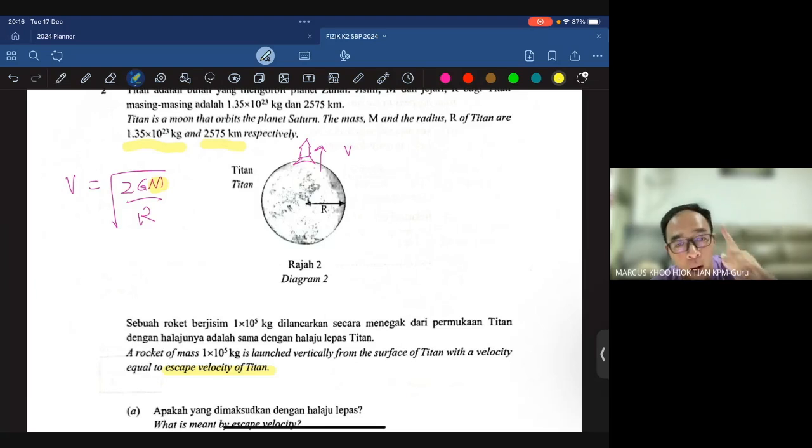Only one formula, which I discussed in the Terengganu paper, is the centripetal force formula, mv squared over r. This mass is the mass of the thing that is orbiting, not the center. It's the only formula that uses the mass of the smaller one. Every other formula uses the center mass, the big mass.